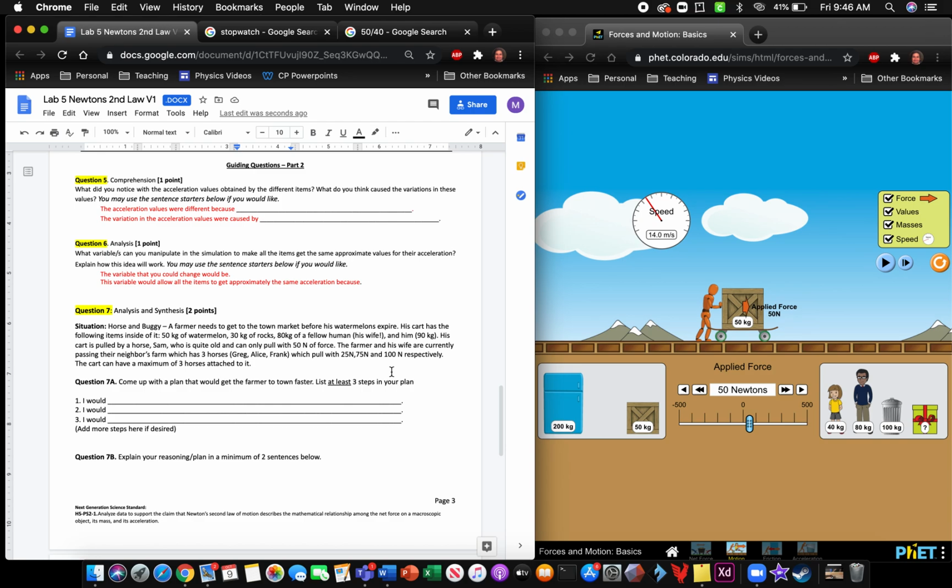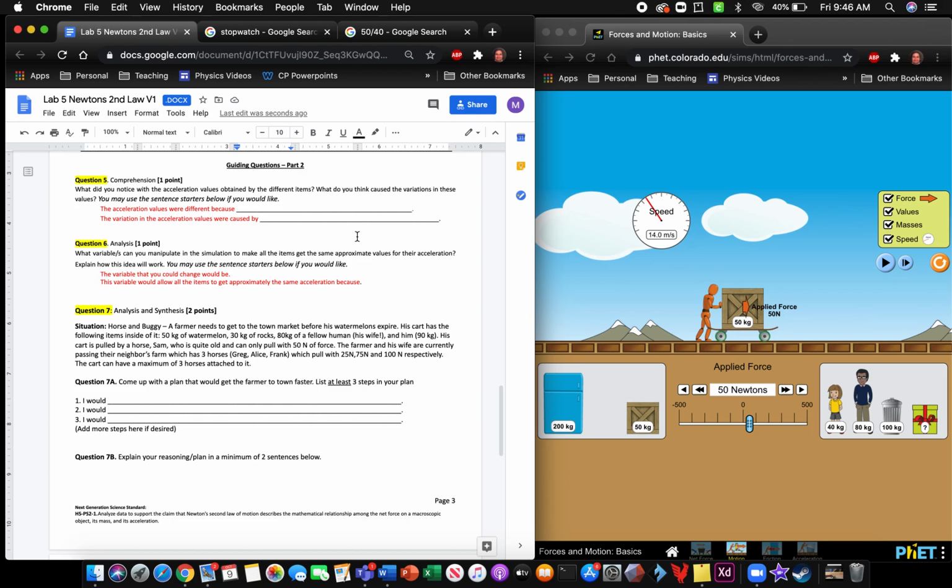All right, so we have part 2 guiding questions. What did you notice about the acceleration values obtained by the different items? What do you think caused the variation in these values? So why did the acceleration change? Well, the acceleration values were different because the mass was different. We had the same force applied, but the mass had changed, and so the acceleration values had changed.